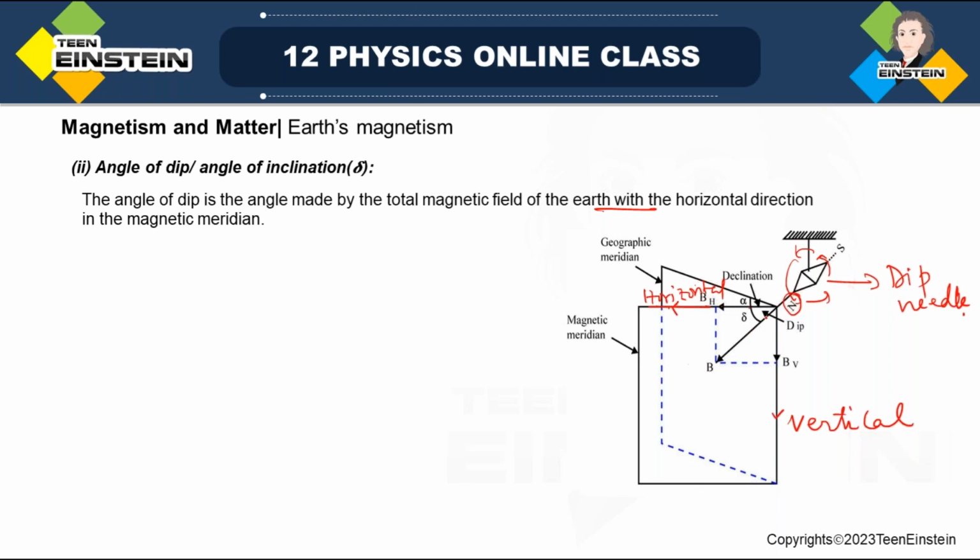So this is the way to find out the direction of the total magnetic field of the Earth.